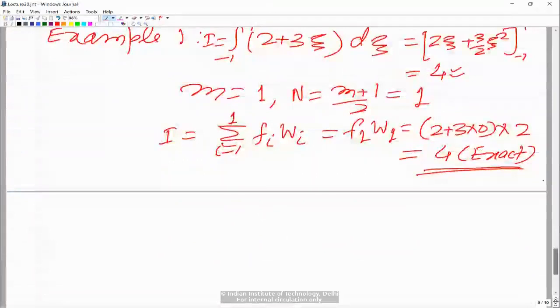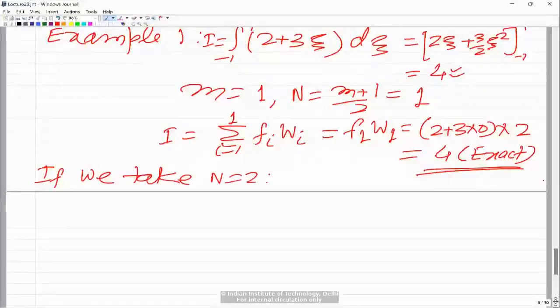Now if we take more number of points, what happens? I have just said that the minimum requirement of number of Gauss points is 1 for this case. But for the same thing, if we take n equal to 2, then the summation goes from i equal to 1 to 2 of fi into wi.